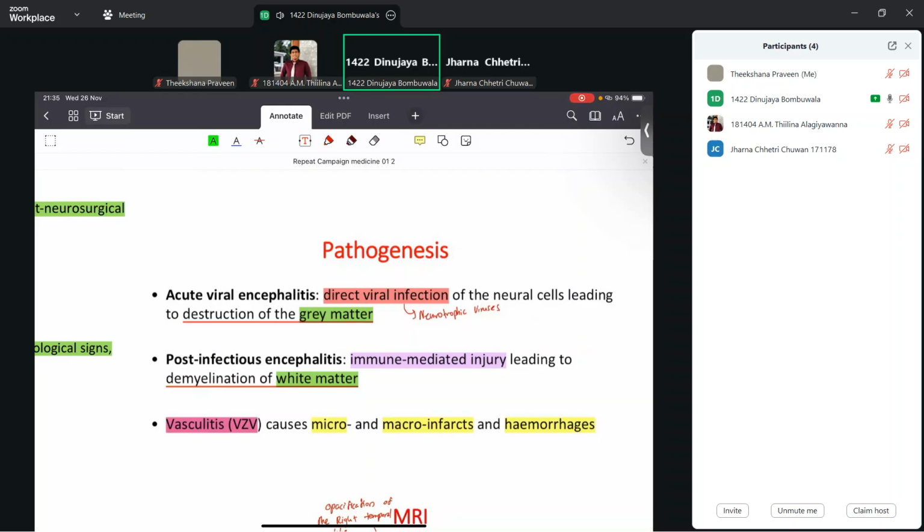There are two types of encephalitis which can occur in a viral infection. One is primary acute viral encephalitis, where the virus is directly invading the brain.